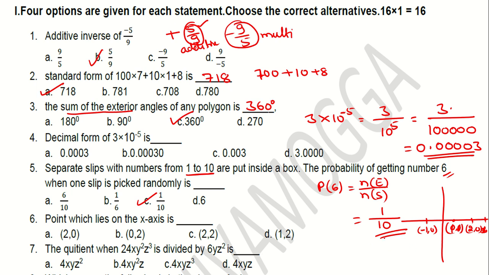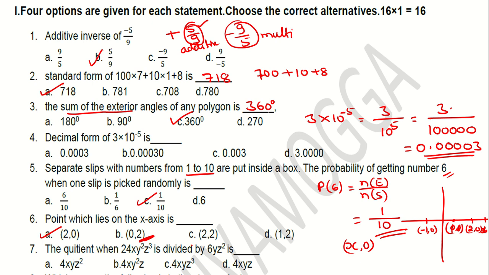So for numbers on the x-axis, the first value is x and the second value becomes 0. If the second value is 0, then it lies on the x-axis. Here, option A has the second value 0. So therefore (2, 0) is on the x-axis. If this one is taken, it lies on the y-axis only.